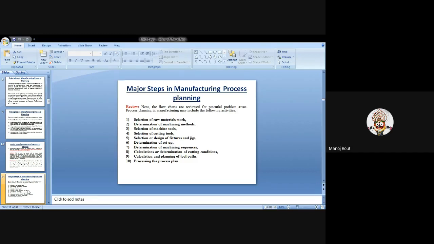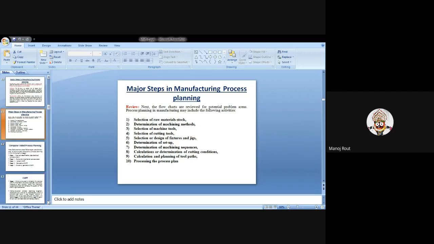The first one is selection of raw material stock, determination of machining methods, selection of machine tool, selection of cutting tools, selection of dies or fixtures and jigs, determination of setup, determination of machining sequence, and determination of cutting conditions. The ninth one is calculation and planning of tool path, and the last one is processing the process plan. These are the points included in review.